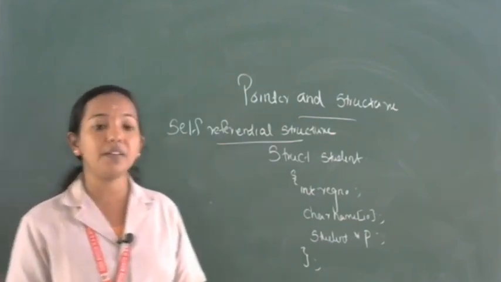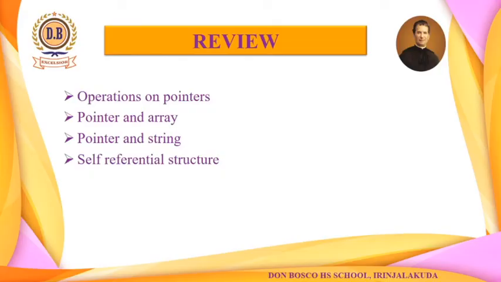So again we will revise the concepts that we studied. First one was array. What is meant by array? Is there any connection between pointer and array? Then we started with self-referential structure, then relational operators, then pointers in a string, then how we can point using a self-referential structure, we can point to the same structure again.